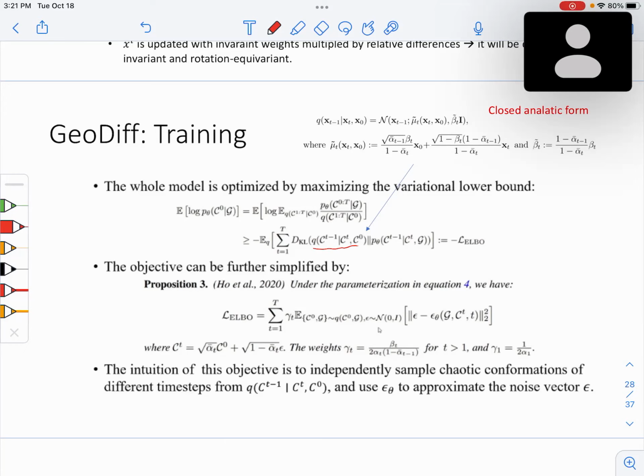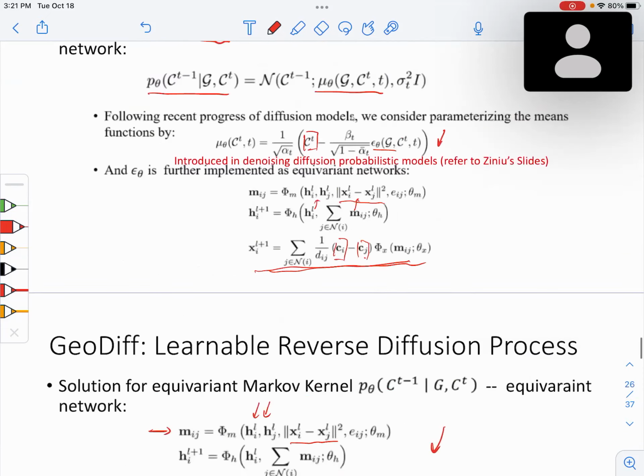And such an objective function can be further simplified by utilizing the parameterization, where we set this mu theta C_t as in this equation.